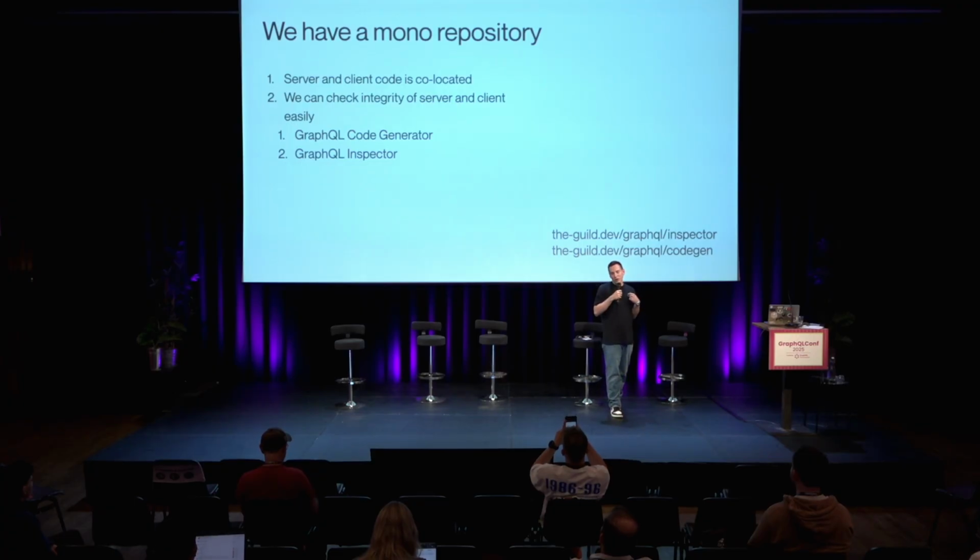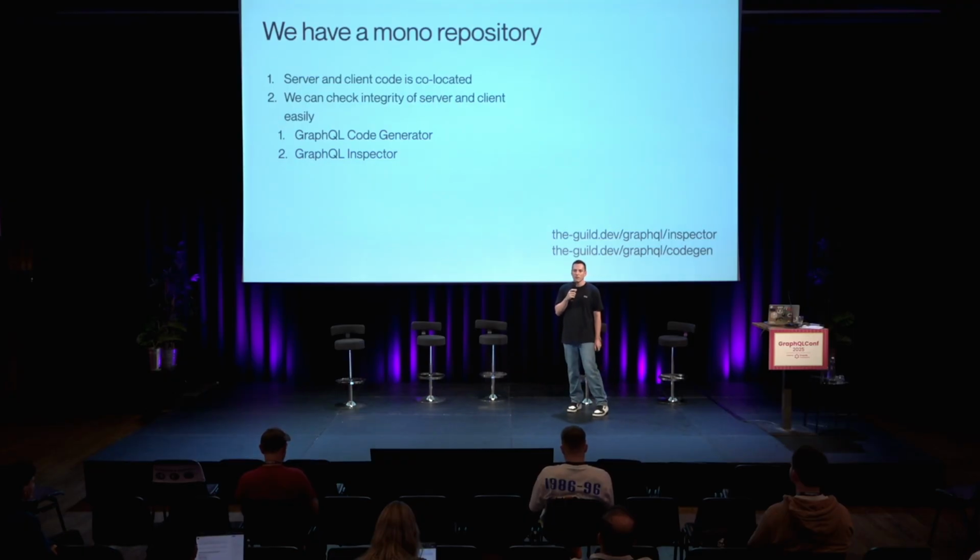So for Hive console, we have a monorepo. So all the server code, all the client code is actually co-located. And we could check the integrity of the stack statically just by looking at a certain commit in the Git repository, which tools like GraphQL Code Generator or GraphQL Inspector can do.